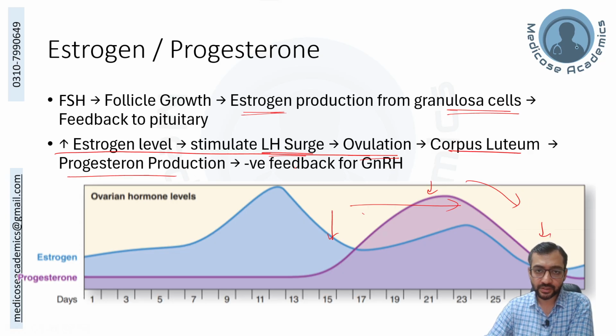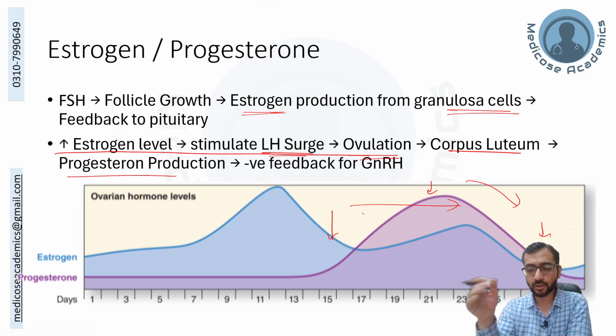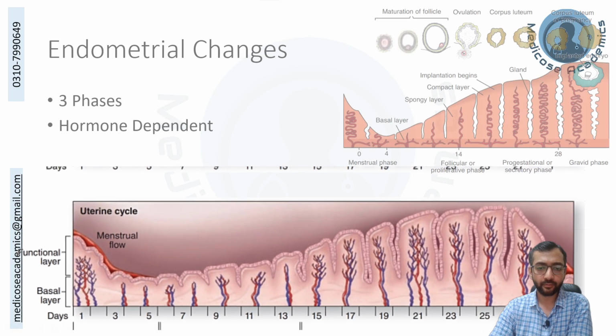Progesterone also gives negative feedback on gonadotrophin releasing hormone, resulting in a low level of LH, and ultimately it closes itself. So high progesterone leads to low GnRH, low LH, low corpus luteum and low progesterone, and ultimately the progesterone level falls below a critical point where menses start.